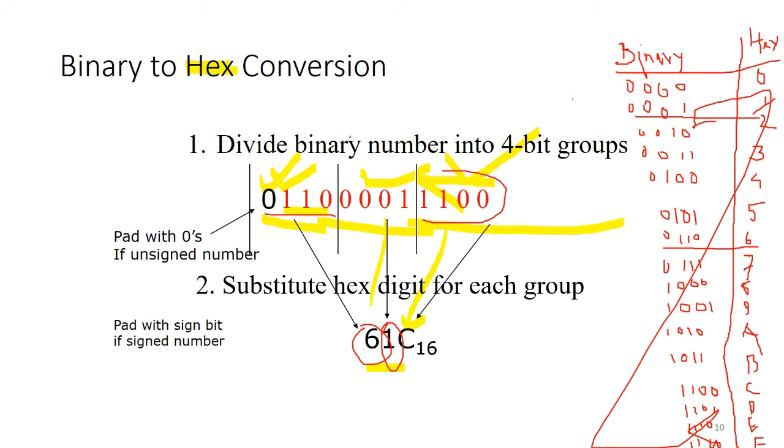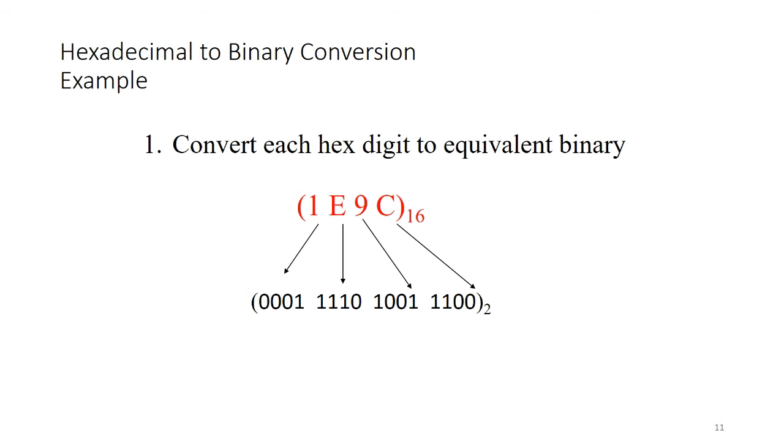What about this one? 1100 corresponds to this value, so that's why we have written down C. Fine. So in this manner we can convert a binary number to its corresponding hexadecimal.